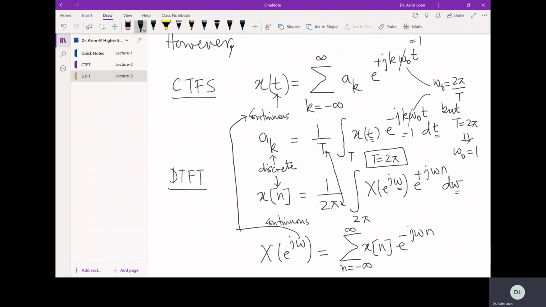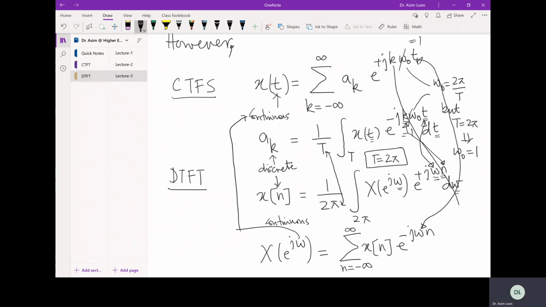So the only difference left now is this k and this n, this t and this omega. Discrete k, discrete n, continuous t, continuous omega.